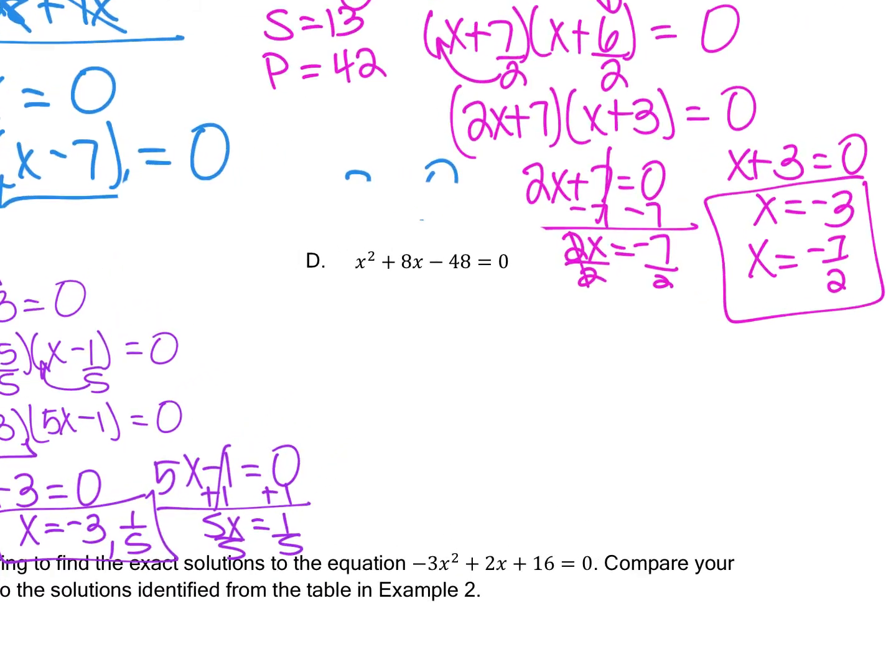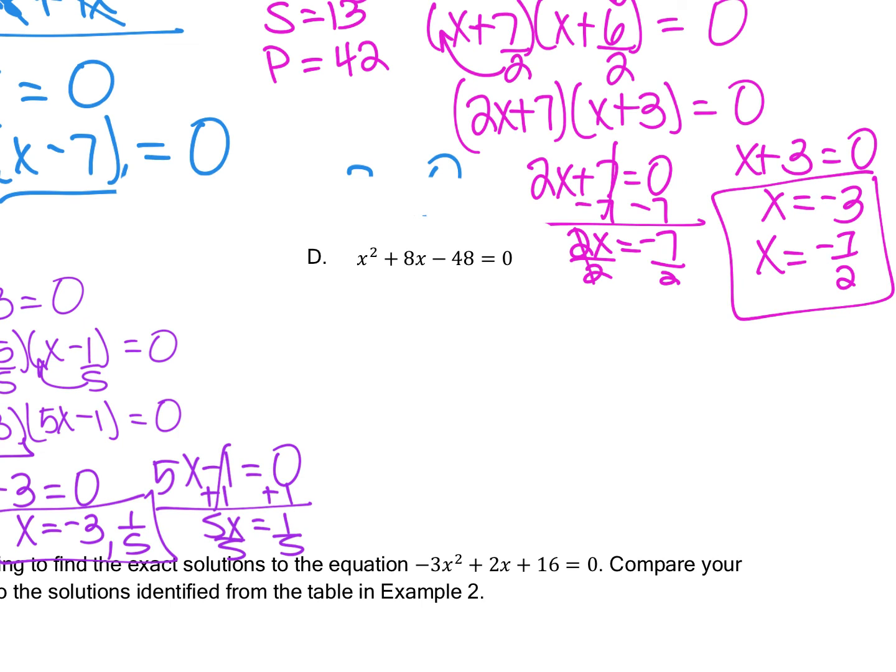All right, last one. So it's already set equal to 0. Notice they don't have a GCF, so I go straight into sum and product since it's a trinomial. So sum is 8, product is negative 48. So that would be a positive 12 and a negative 4.